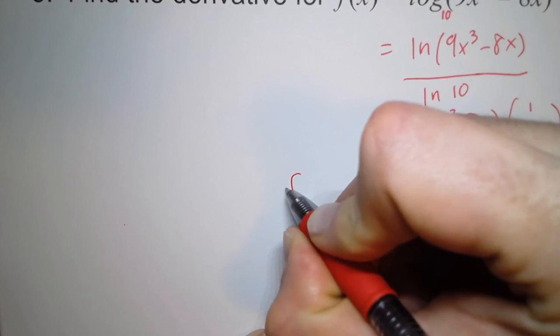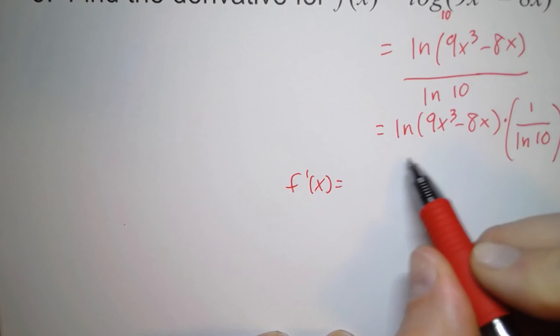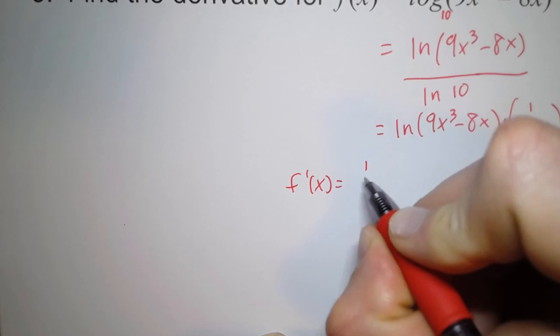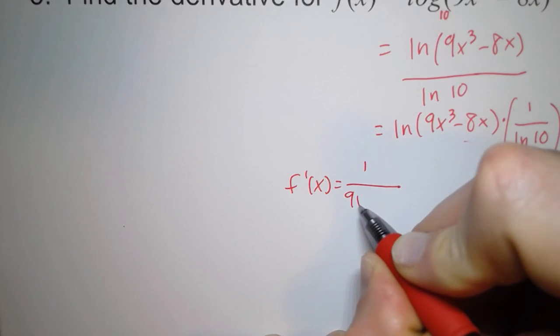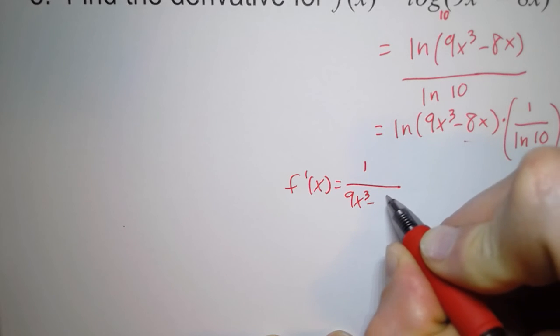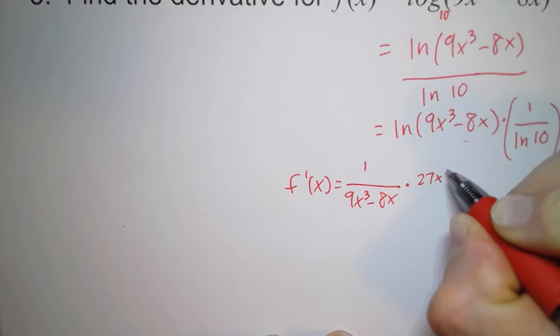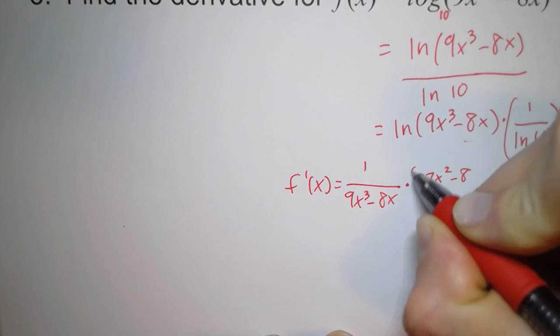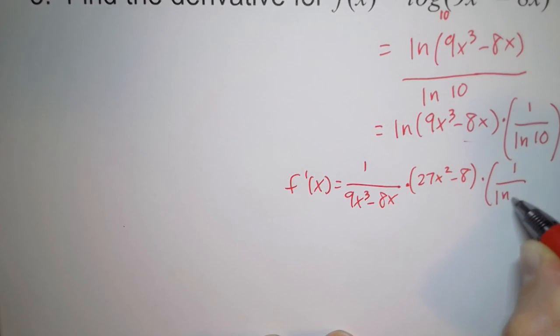So f prime of x equals, now this again involves chain rule, so it's going to be 1 over the inside function, 9x cubed minus 8x times 27x squared minus 8 times 1 over ln of 10.